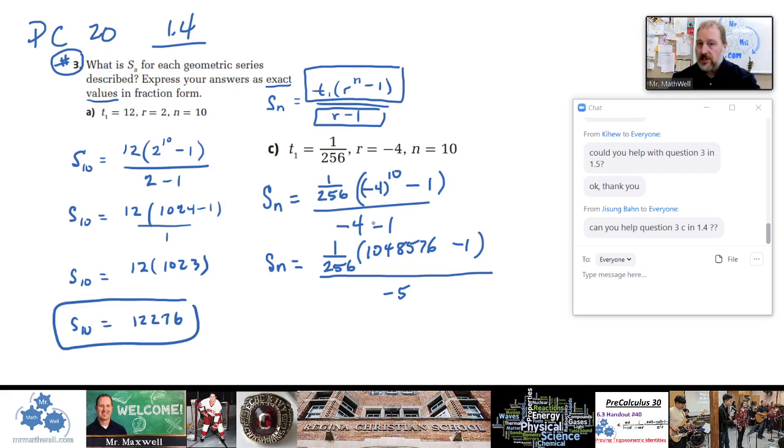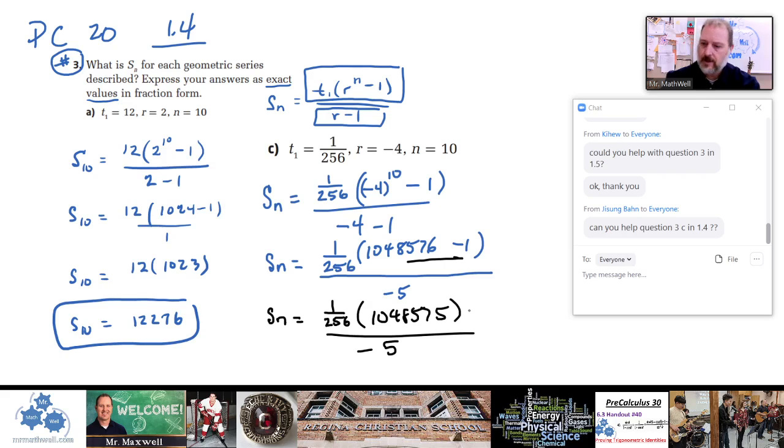So I just need to simplify this now, and even though this looks a bit tricky, this is nothing new for you. Let's just take one bit at a time. Remember, BEDMAS says we're going to do the brackets first, so let's simplify this subtraction in the brackets. It's going to make that easier. So this is going to be 1 over 256 times 1,048,575, all over -5, okay?